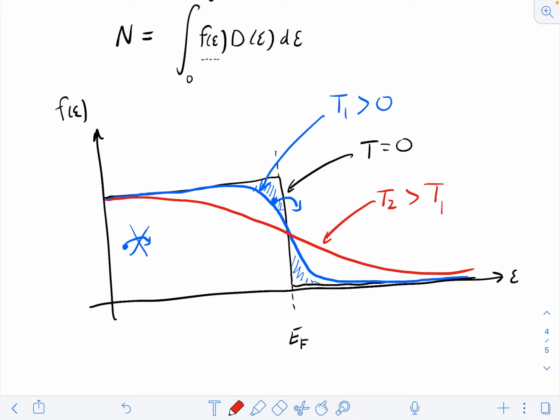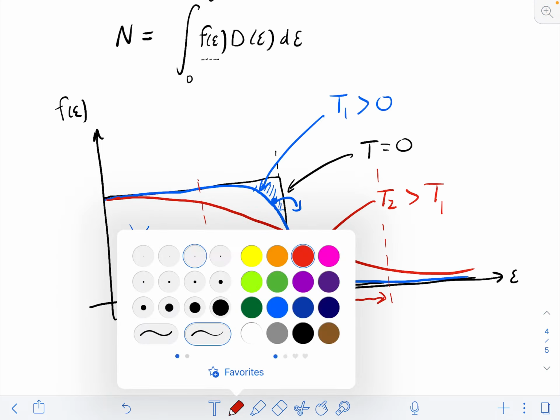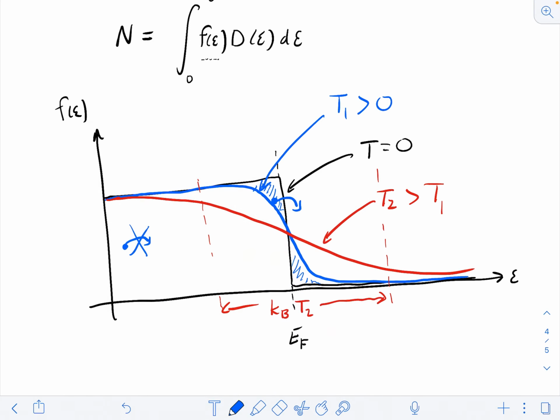Okay, and so we can define a range of temperatures. This is going to correspond to kB times T2, and so that's a temperature range or an energy range that is centered on the Fermi energy, where particles within kBT2 of the Fermi energy are able to possibly be excited into higher energy states.